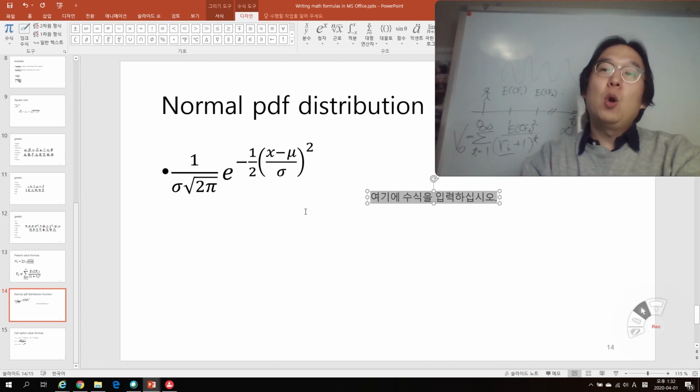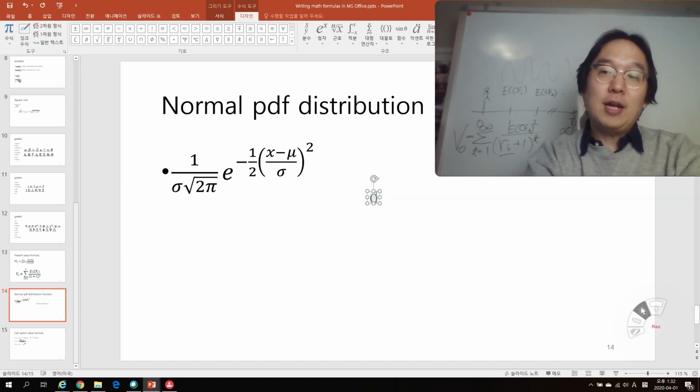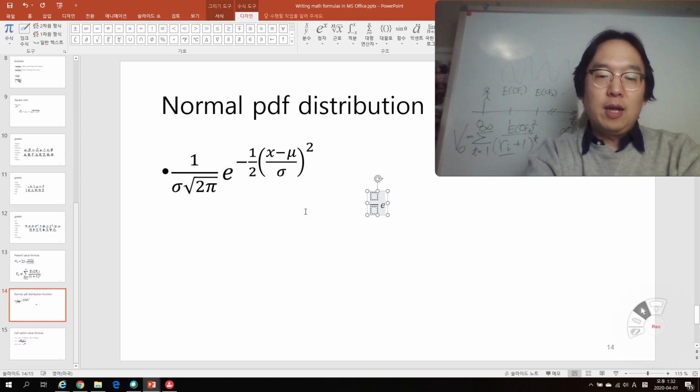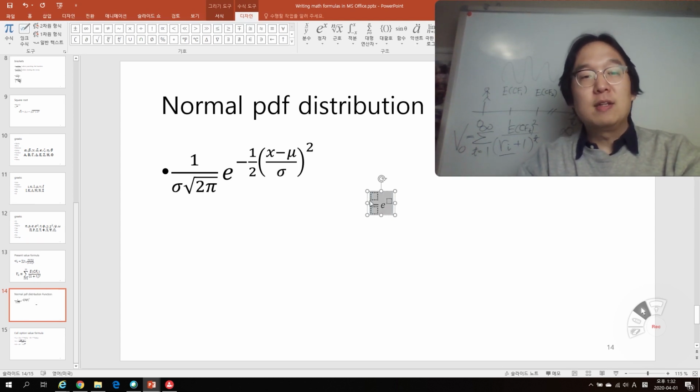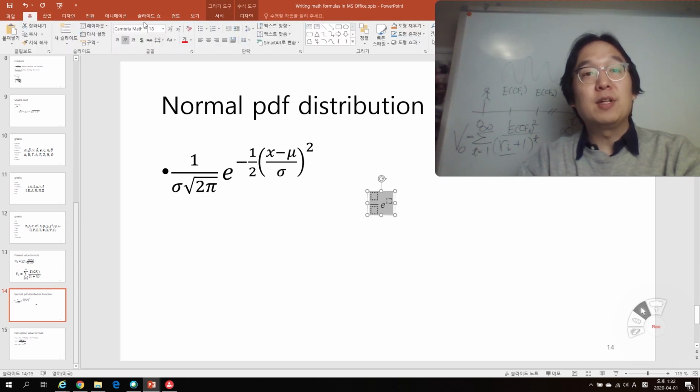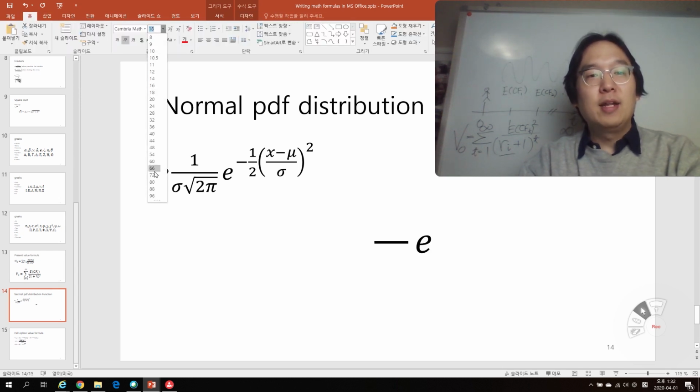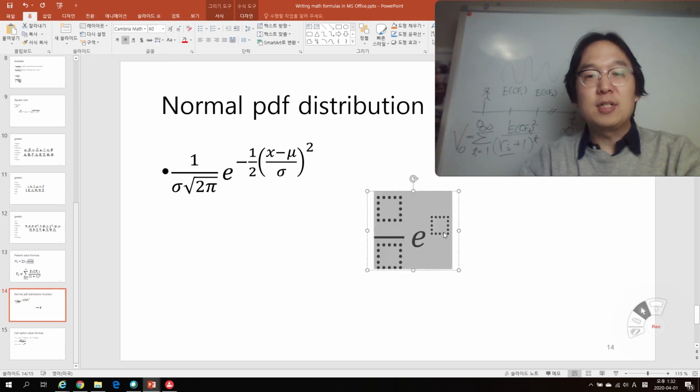So first, the fraction first, and then E, and then you're going to have some exponent part later on. Seems easier than before, I think. Let's increase the size of it so that you can see it.